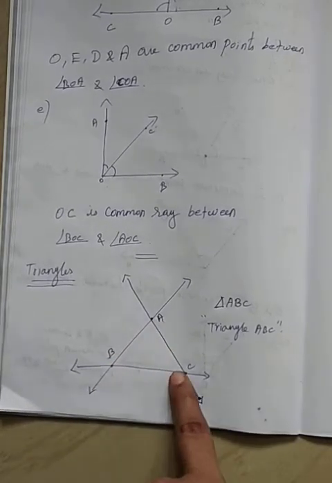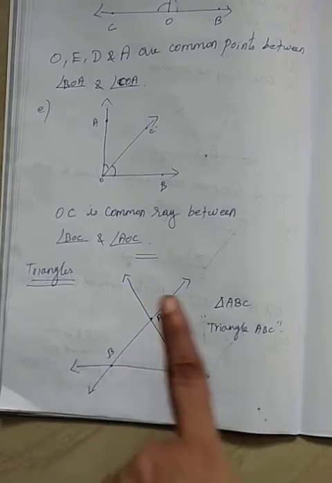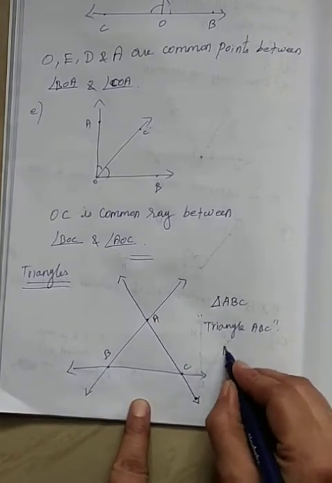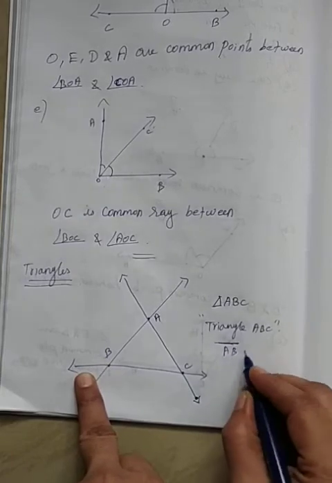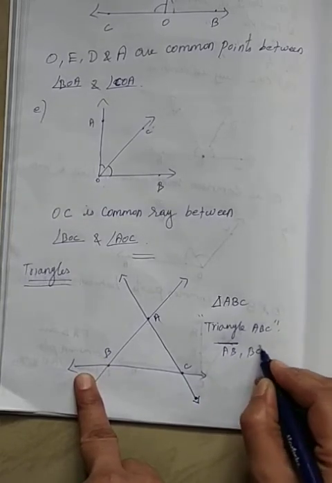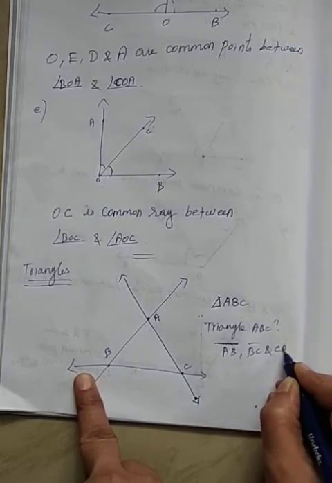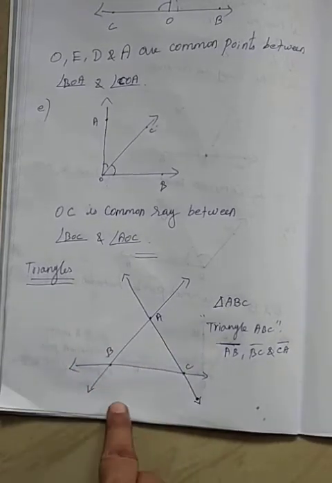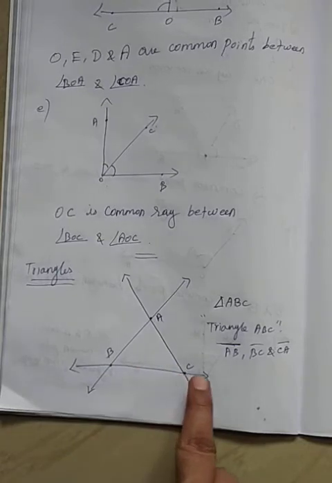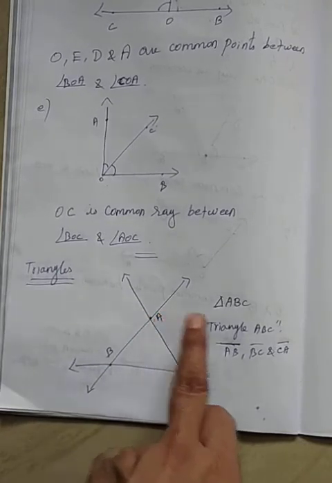AB, BC and then CA. We can write the line segment AB. This is the line segment symbol. So, the 3 sides of the triangle are AB, BC, CA.